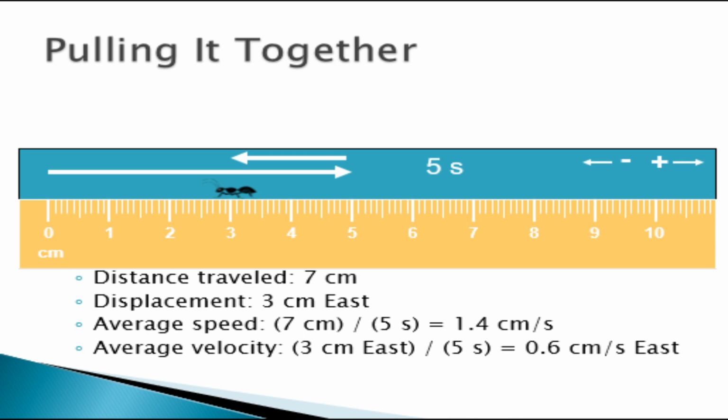So we will now have 0.6 centimeters per second east. Take note that there is a direction for you to consider it as a velocity. Even though they have the same time, they have different distance and displacement, so they have different speed and velocity. Okay? Here's another example.